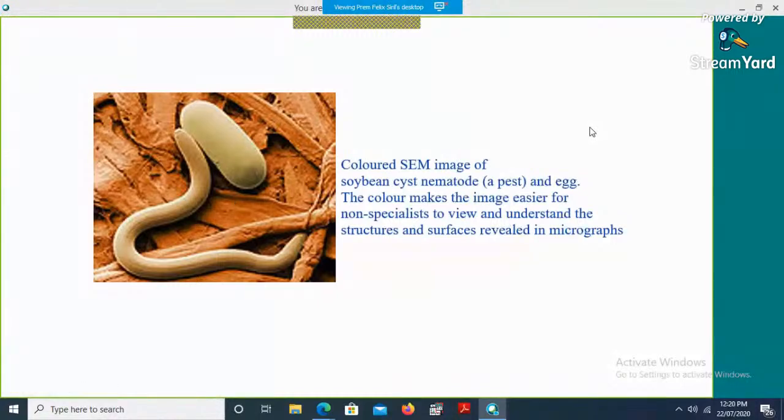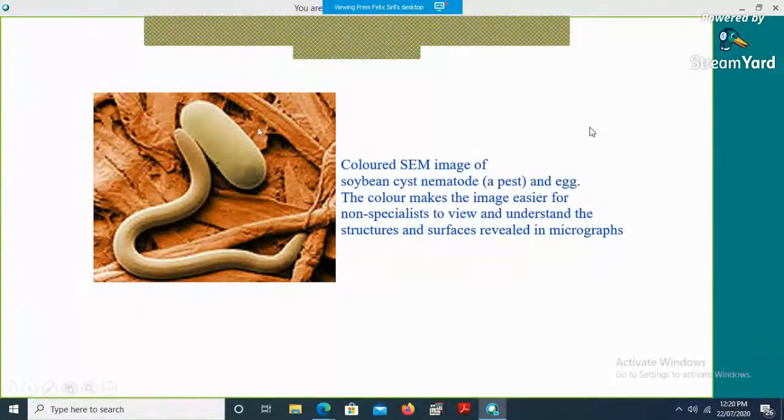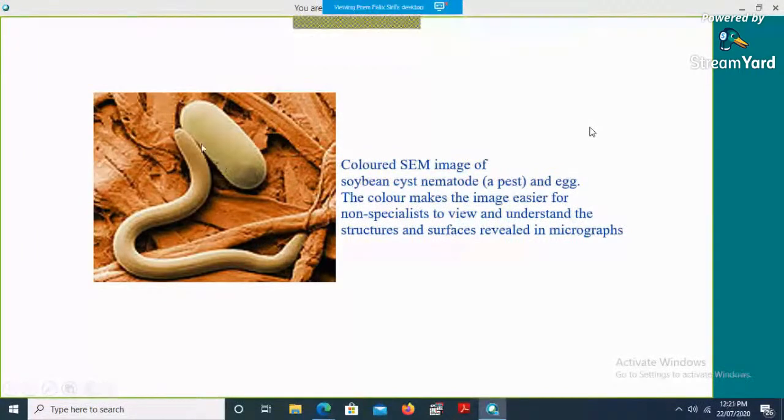It's a nematode, a worm, and with its egg. Here, false coloring has been done to create the live features. This is also possible by using image processing software that is attached to scanning electron microscopy.